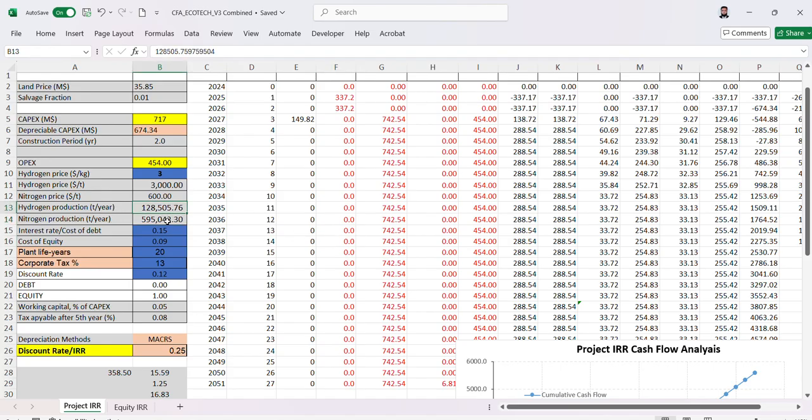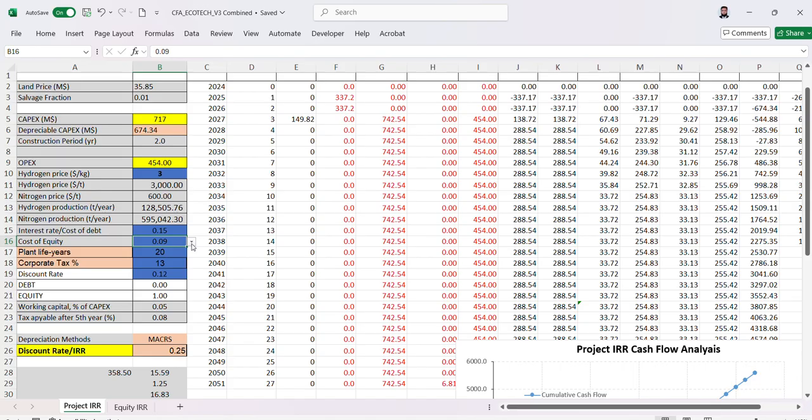These data are collected from the process modeling flow sheet which we did using Aspen. The nitrogen production rate is this amount, 595 kiloton per year, and the interest rate, let us assume 15%, but I have given a drop down depending on your choice. You can choose different values.